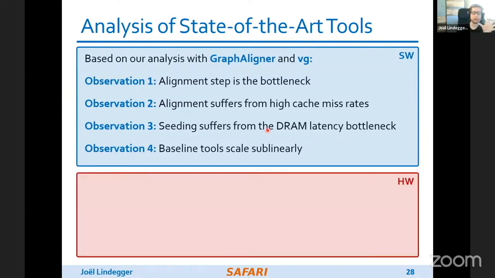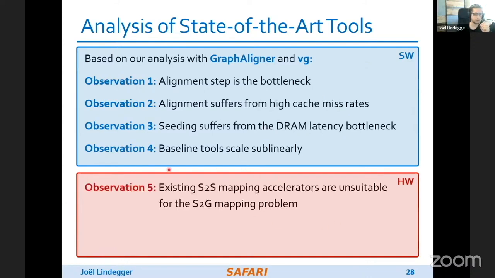Now, we also try to find prior hardware solutions. So clearly, we complain a lot that software isn't efficient enough, it's not accelerated enough. We should look for whatever exists in terms of hardware solutions. Can we leverage maybe existing sequence-to-sequence mapping accelerators? And it turns out that sequence-to-sequence mapping accelerators, they cannot just directly be leveraged into graph mapping.